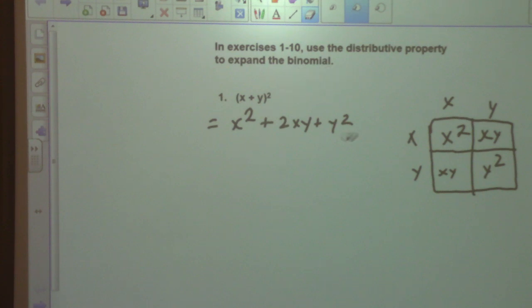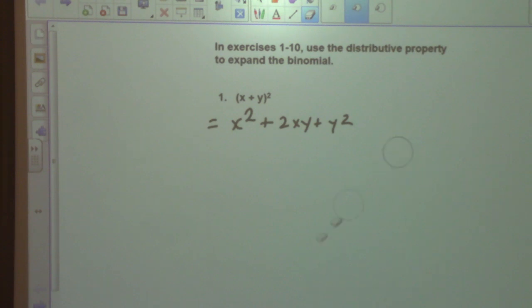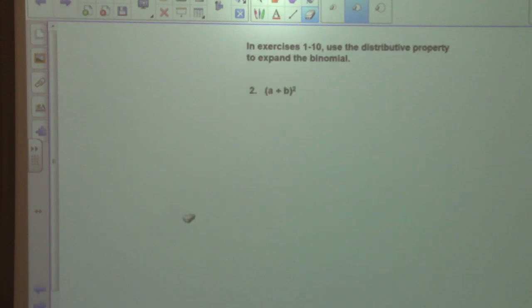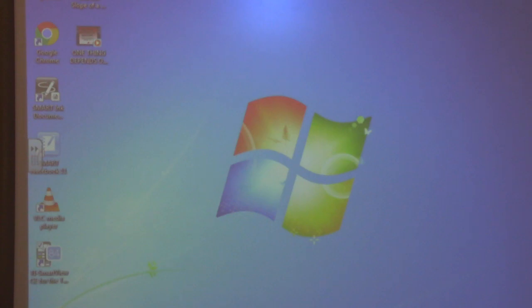Are there other ways to do the expansion than what I did here? Yes, there are. So I want you to go ahead and work on these others. We'll go through this exercise set really quickly. I think I can choose people for this. Let's do that to help get us through quickly here.